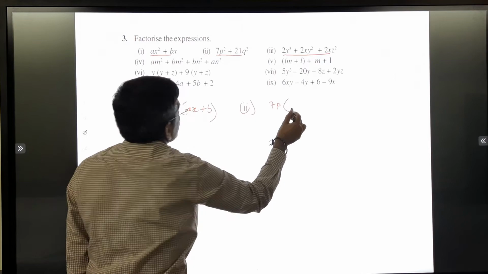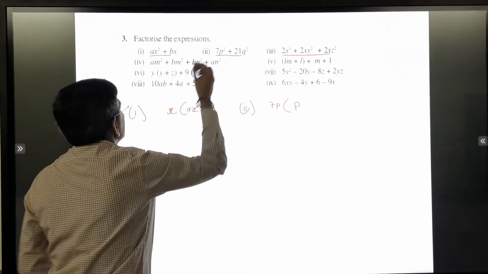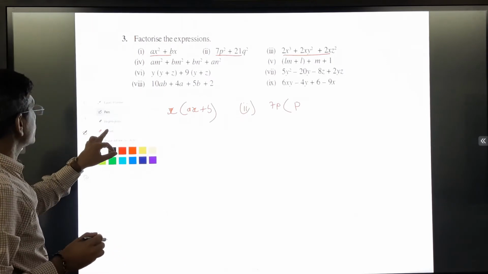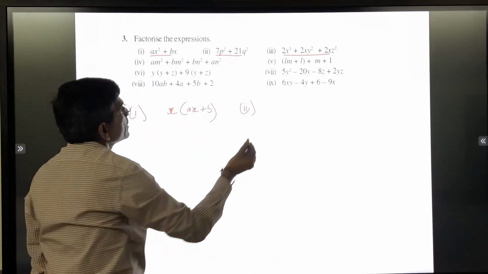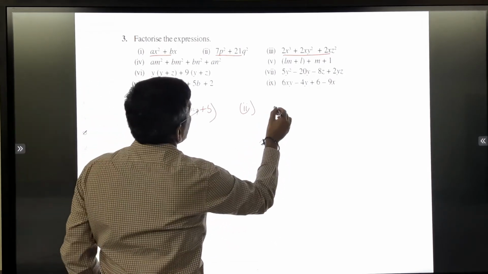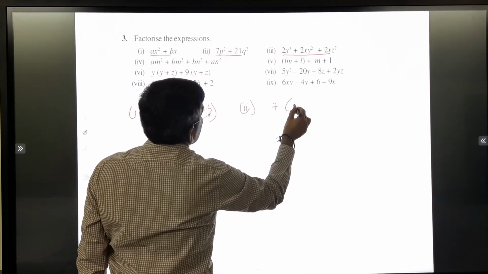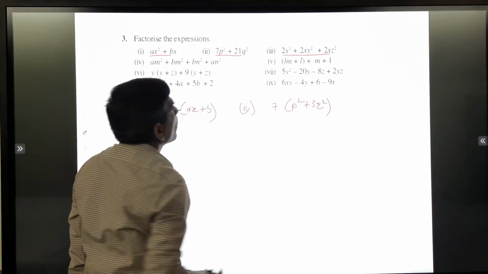Here it is not common yet, because only 7 is common. So the 7 is common, so p square plus 3q square.